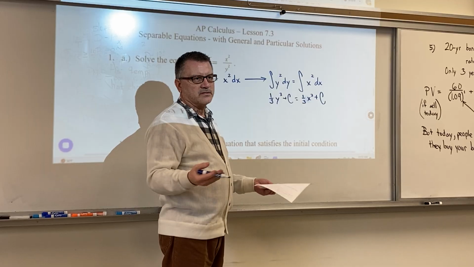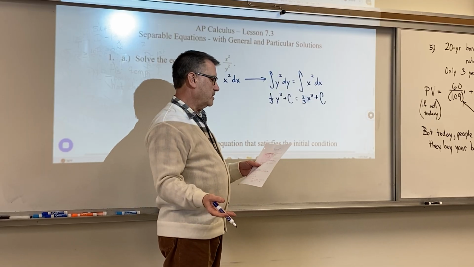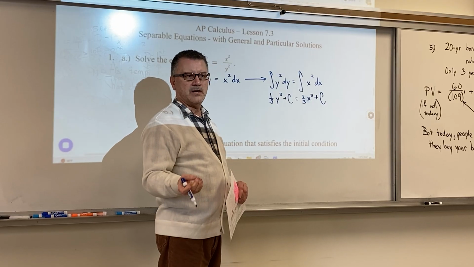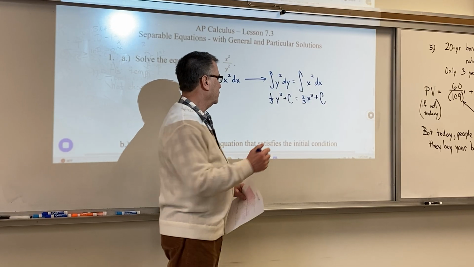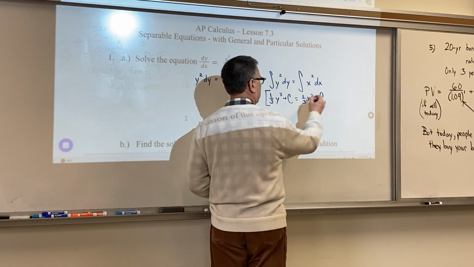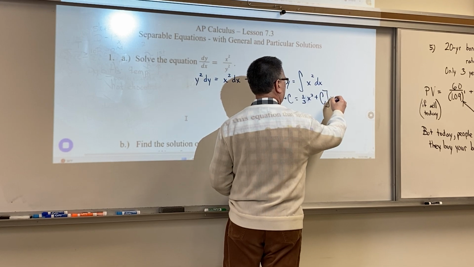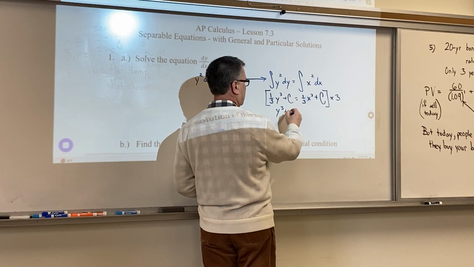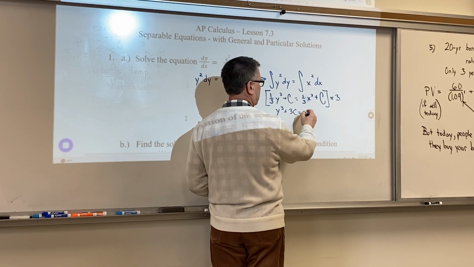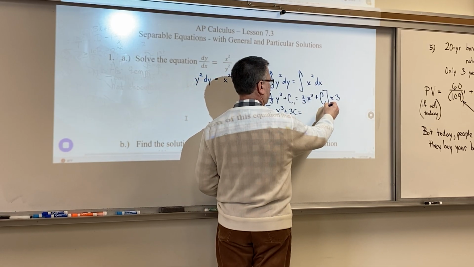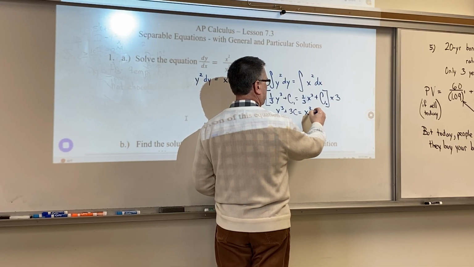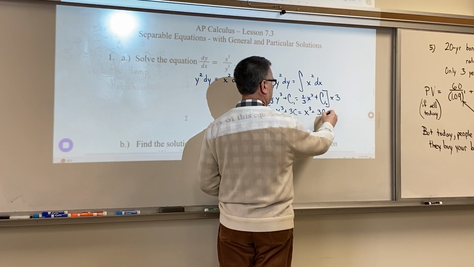Hey, I got a c on one side, c on the other side. What we're going to try to do is isolate the y. What I could do is multiply by 3. And so I get y cubed plus 3c1. Those don't have to be the same constant. x cubed plus 3c2.